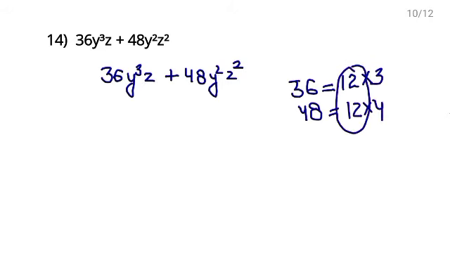So 12 is common, so we will take 12 outside. Here is y raised to the power 3, y raised to the power 2. It means we will take y square common. Why? Because we take minimum power common. This is z, or we can say z raised to the power 1, and this is z square. So we will take z raised to the power 1. It means z common. Clear?